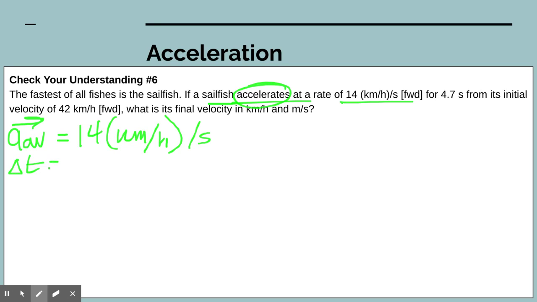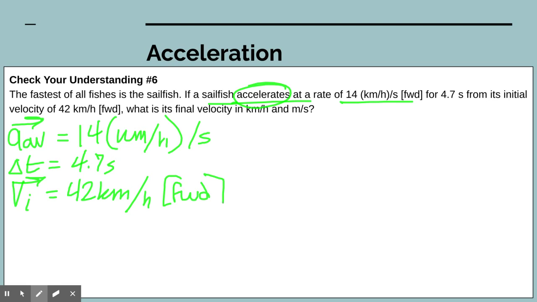Our time interval is 4.7 seconds. Initial velocity is 42 kilometers per hour forward. And we're trying to solve for the final velocity. We don't know that yet.